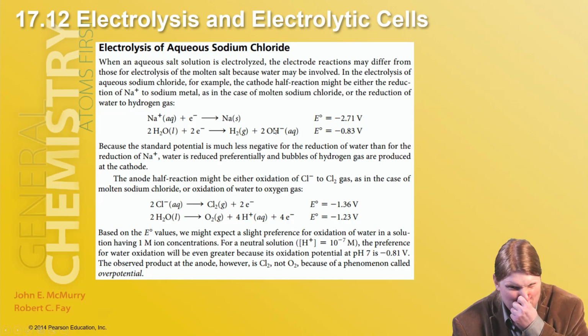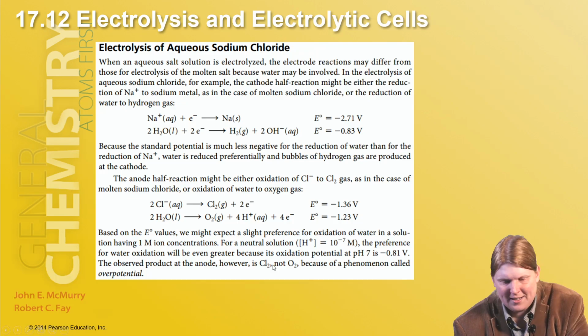So if you put sodium chloride in and you try to electrolyze water, you get chlorine gas instead of oxygen gas, because chlorine comes off first before oxygen due to this overpotential they talk about. But you will get hydrogen, so you'll get hydrogen and you'll get chlorine, because reducing sodium is really, really hard, but reducing out the hydrogen is a lot easier.